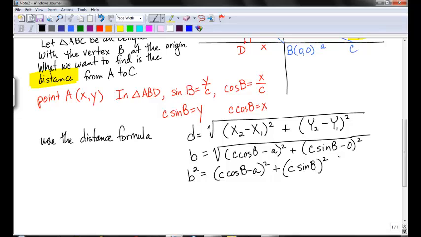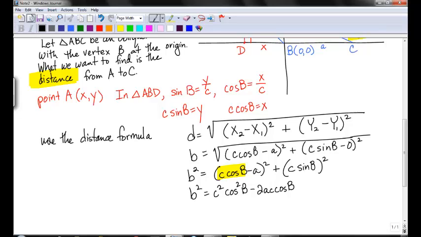When you square a binomial, remember you're going to get a trinomial square. So you'd have b squared equals. The shortcut is to square the first term. When you square that, you square the coefficient, so you square the c squared, and you square the cosine squared. Multiply the c cosine b times a, so it'd be a negative ac cosine b, and double it, so you'd have minus 2ac cosine b.